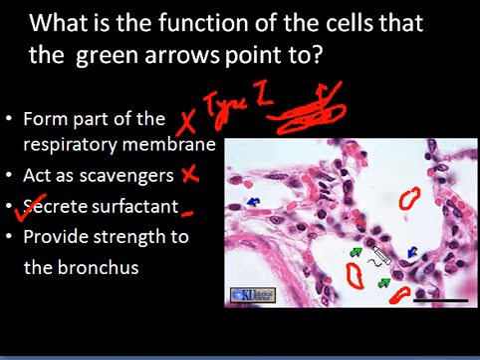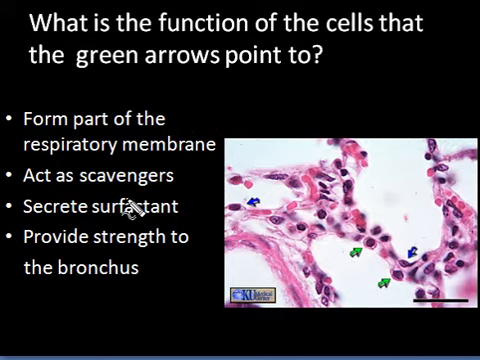So therefore this is the type 2 cell, and its function is to secrete surfactant. And then the last choice, which says provide strength to the bronchus, this is the alveolus which is shown here. So it's asking you about a cell which is present in the alveolus. So this isn't even the bronchus, hence this is not the answer either. So therefore the third choice is the correct answer.